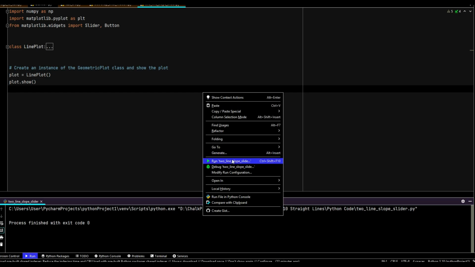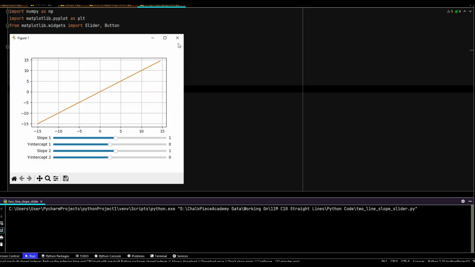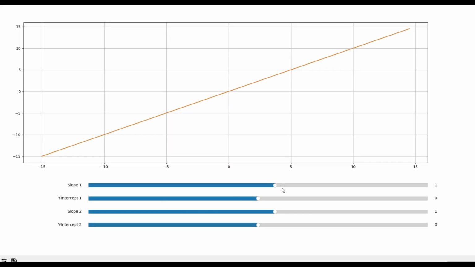Let me show this off with a set of values. Like say these two slopes are 1. And we can see that they are parallel, right? That's why they're able to overlap. If I change the value of one of it, obviously the first and the second one will have a different set of slopes and they are intersecting.